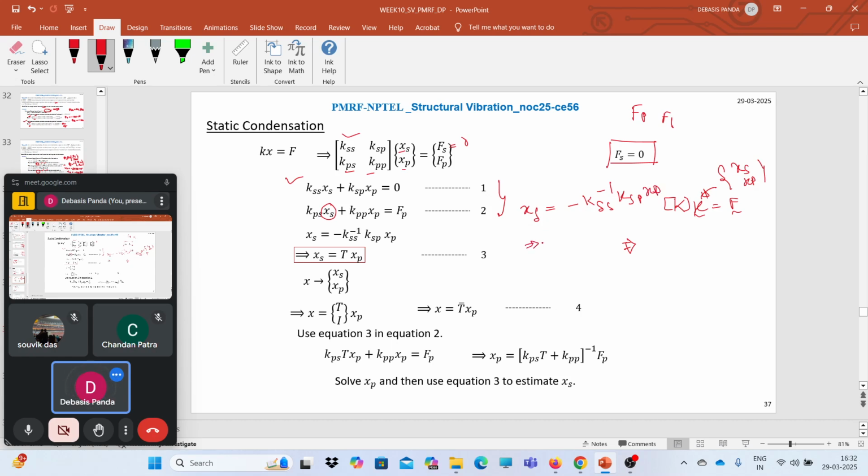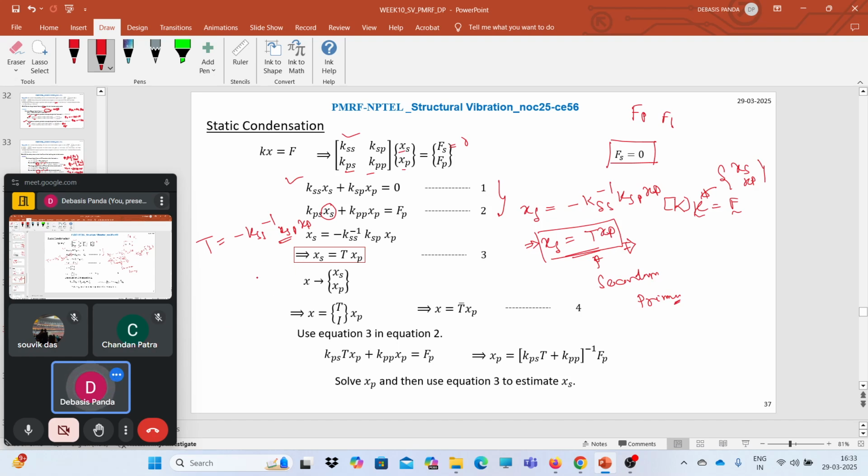That means finally we have the transformation XS is equal to T into XP, the relation between secondary and primary coordinates. This is very important, the transformation for the model reduction technique. So the transformation matrix T is nothing but minus KSS inverse KSP, right?